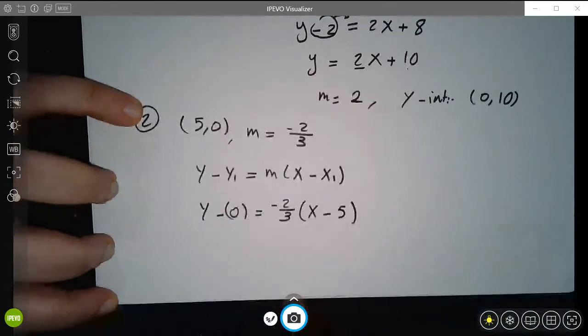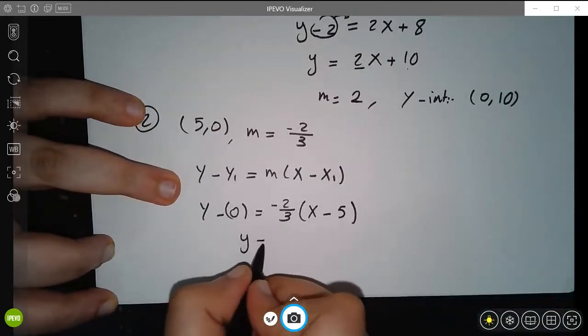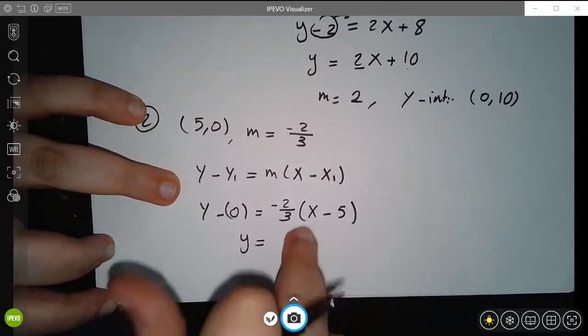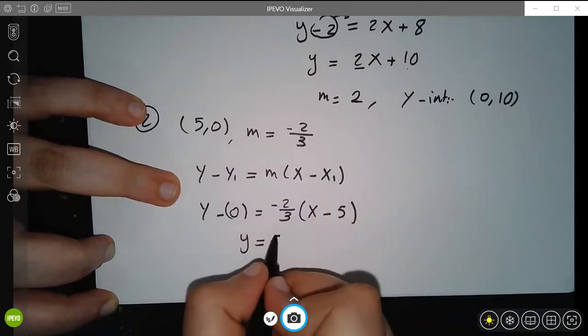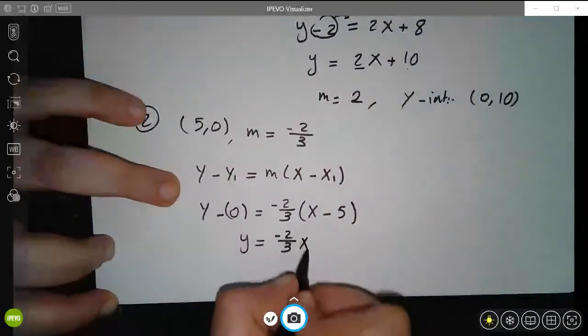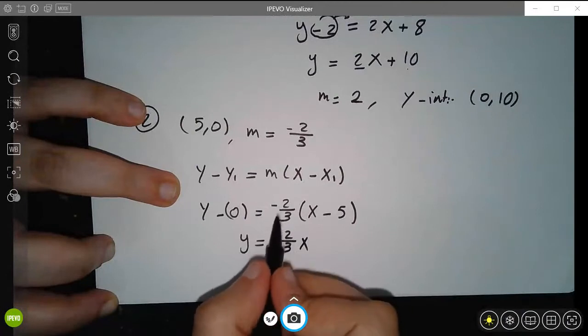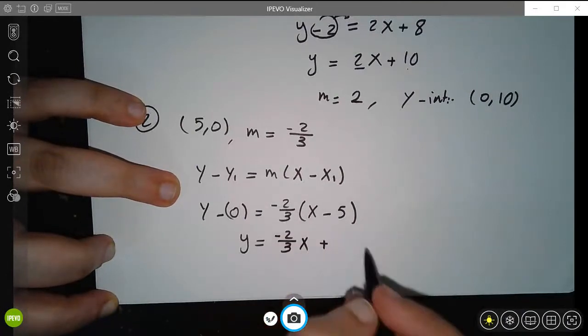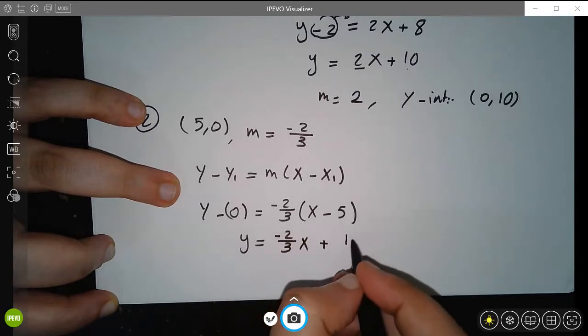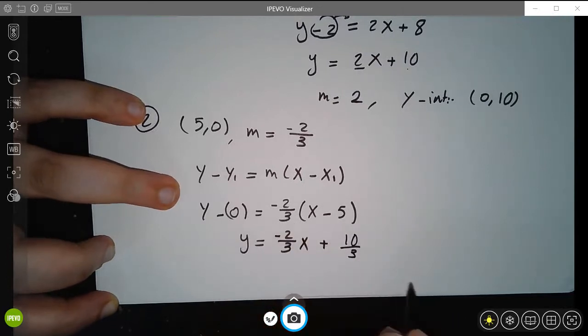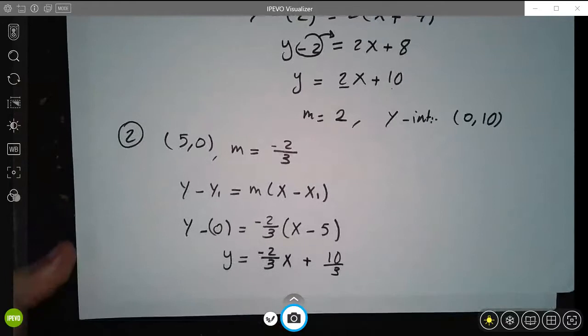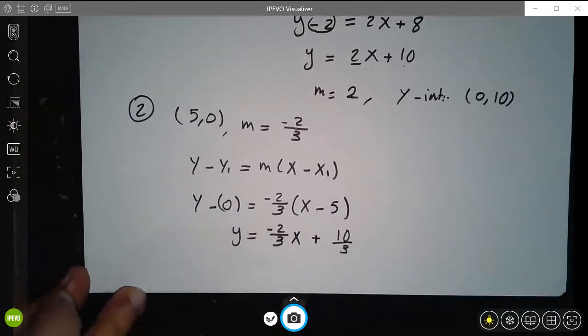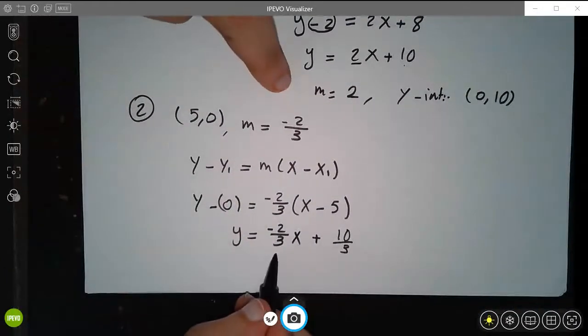On this side, it's just y, nothing to worry about. Over here, we have x times negative 2 over 3, so it's negative 2 over 3 x. And negative 2 over 3 times 5, which turns positive because they're both negative. Now 5 times 2 is 10, so it's 10 over 3. And that's my equation.